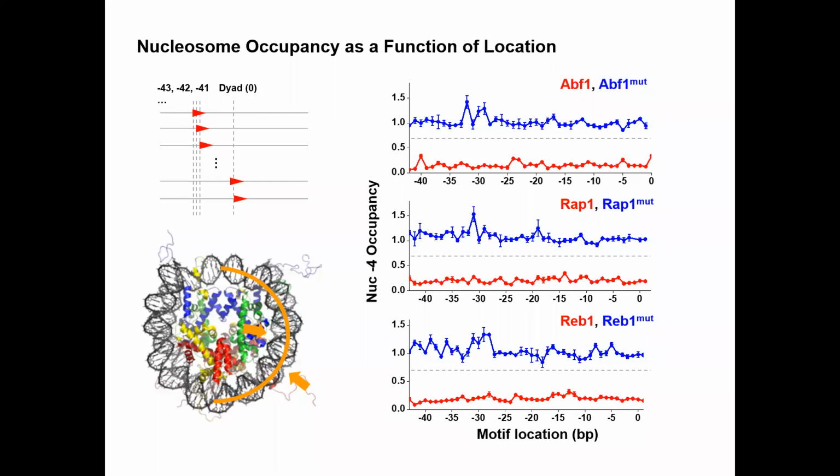So these are the 3 NDFs that we looked at. You can see that the mutated version of the binding site doesn't do anything to the nucleosome occupancy. And the wild type version of the binding sites depletes nucleosome to the same extent regardless of where the binding site is located.